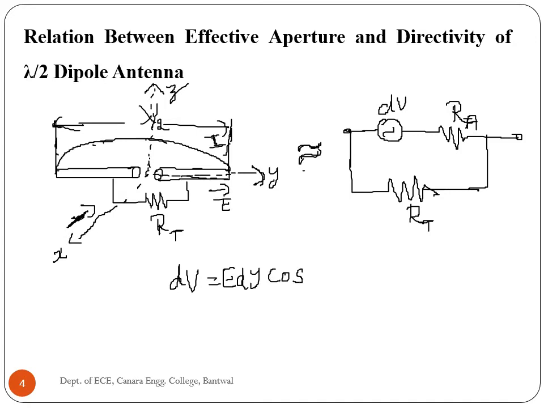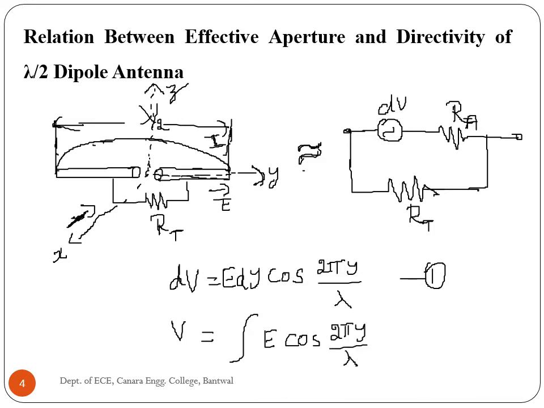cos 2 pi y divided by lambda. Therefore, the total induced voltage V is given by the integral of E cos 2 pi y divided by lambda dy from 0 to lambda by 2.